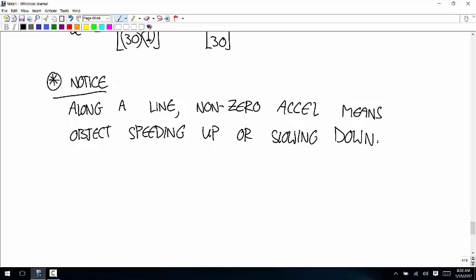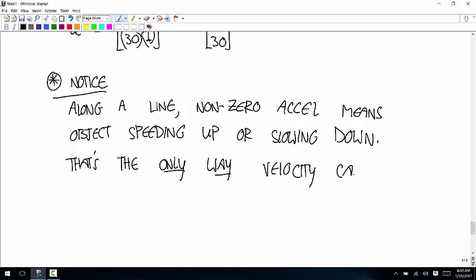That's because acceleration measures how quickly velocity is changing, and in 1D, that's the only way velocity can change along a line.